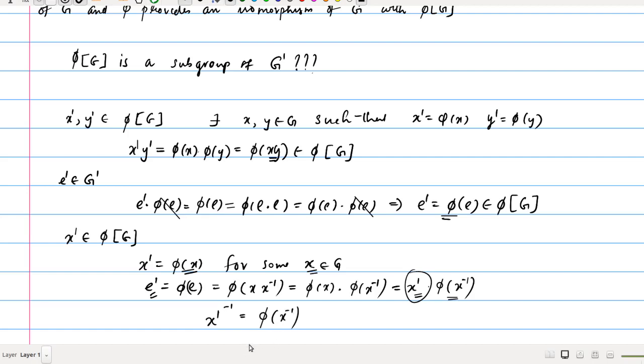Obviously this is an element of phi of capital G because x inverse is also an element of G. So this shows that the inverse of x prime is also an element of phi of G. So this proves that phi of G is a group. In fact, it is a subgroup of G prime. This proves the lemma.